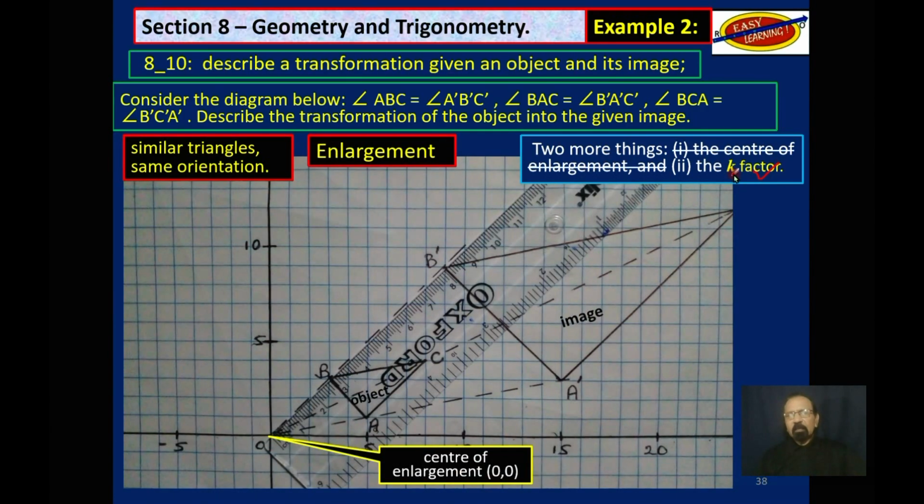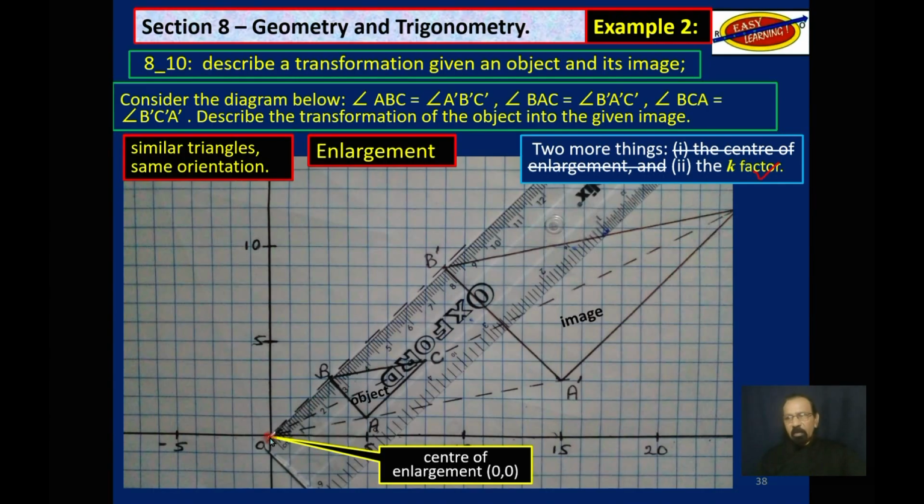Now we need to find the scale factor. You have several ways of doing this. You could use any one of these three lines, or you could use corresponding sides of the shape. I find it easiest to just use a line.